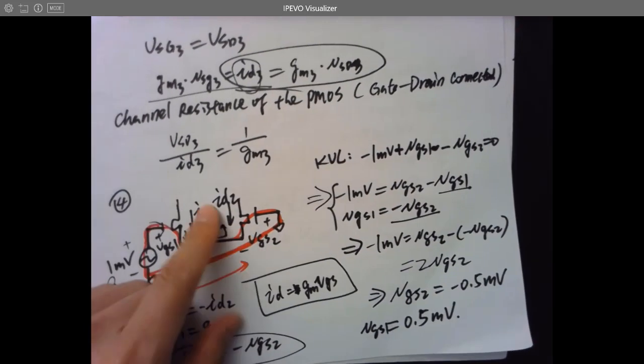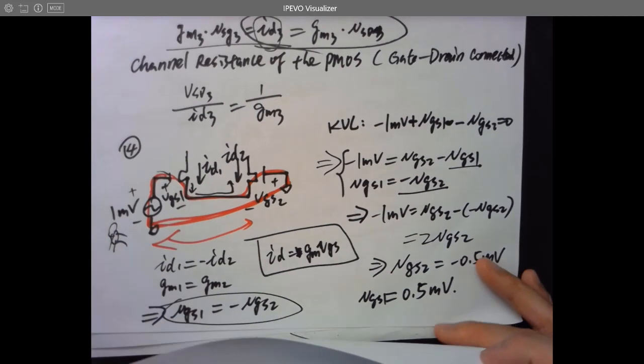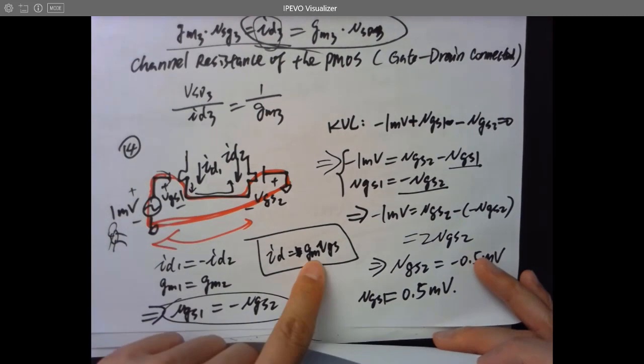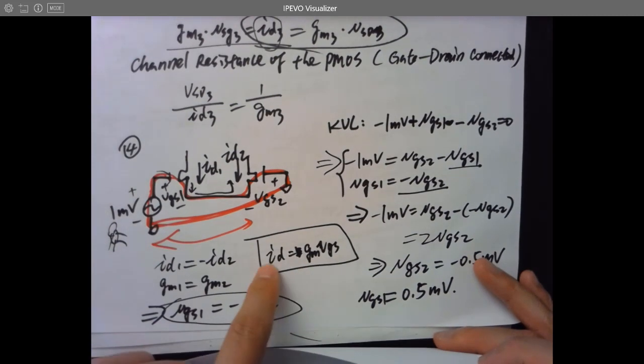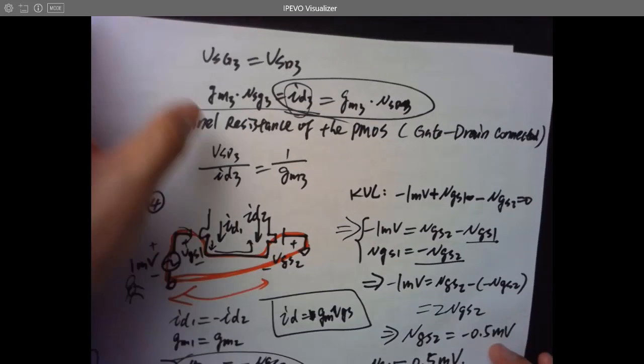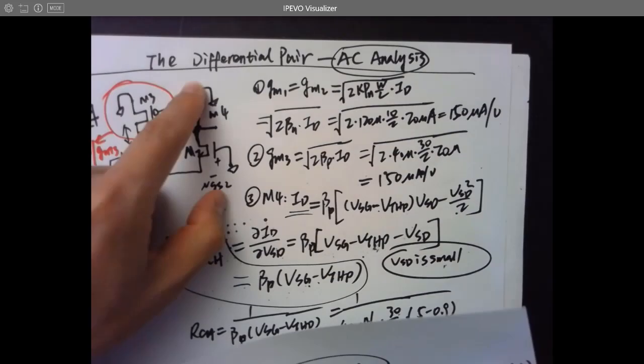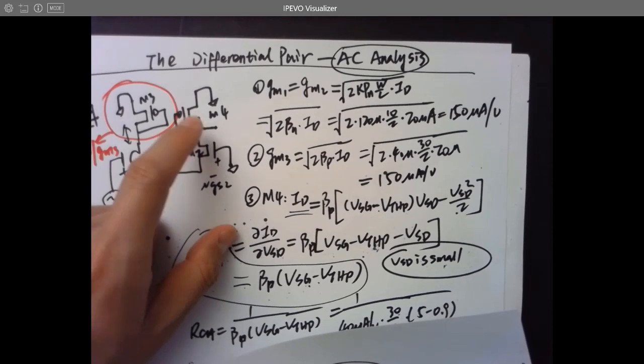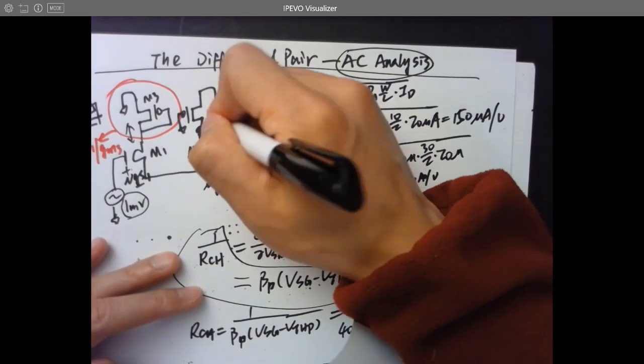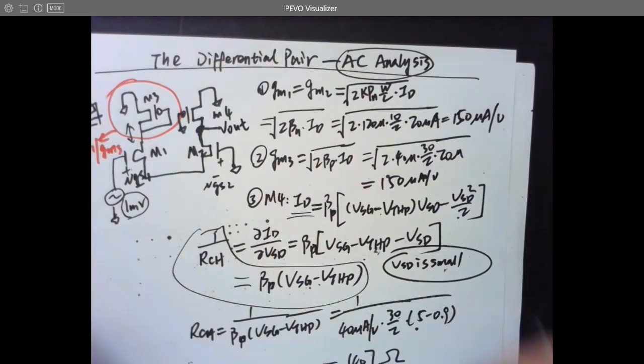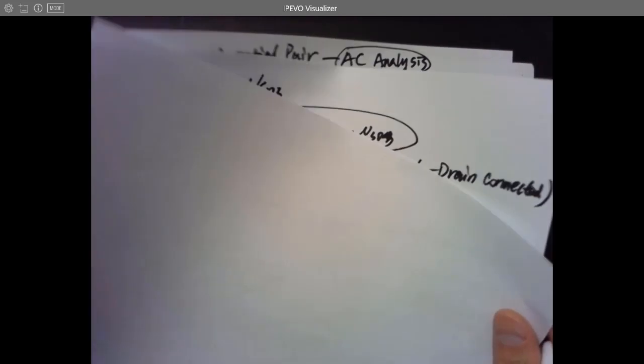Calculating for IDs, because ID equals to GM times VGS, and you know GM, you know VGS. Just calculate IDs. If you know IDs, and you know the channel resistance over here, you can directly get VL. Okay, now let's find out IDs.